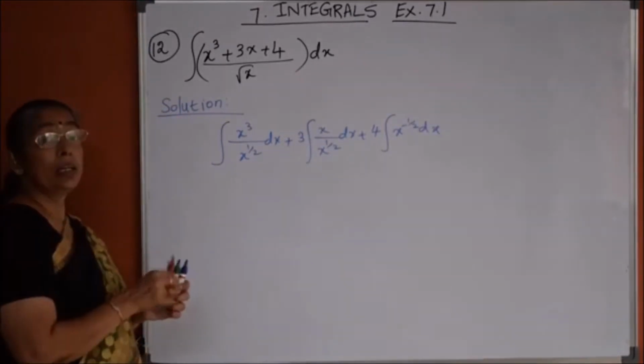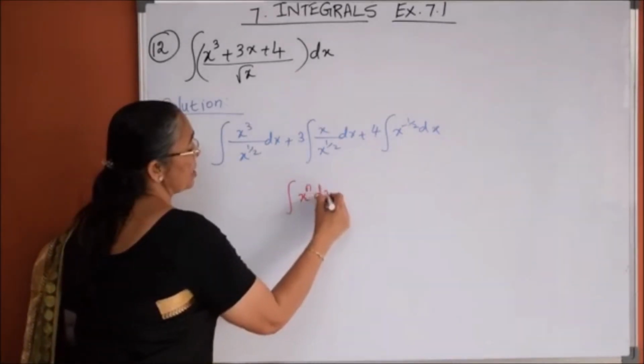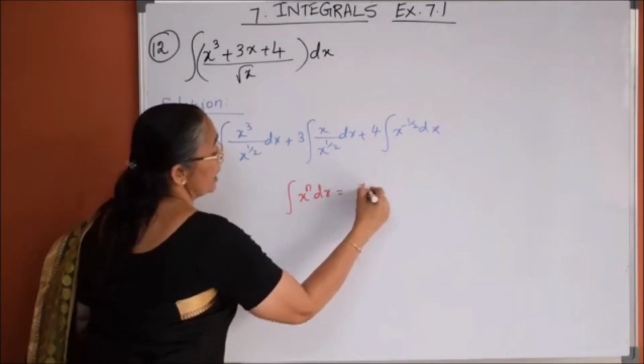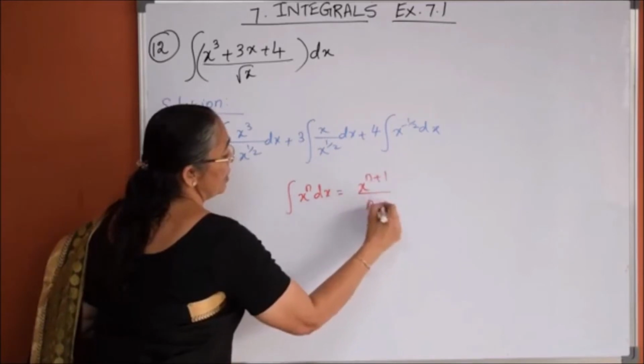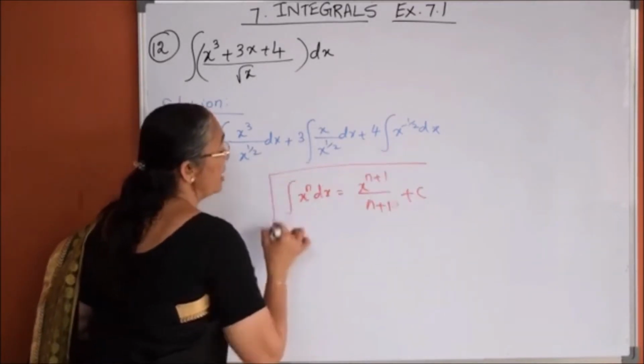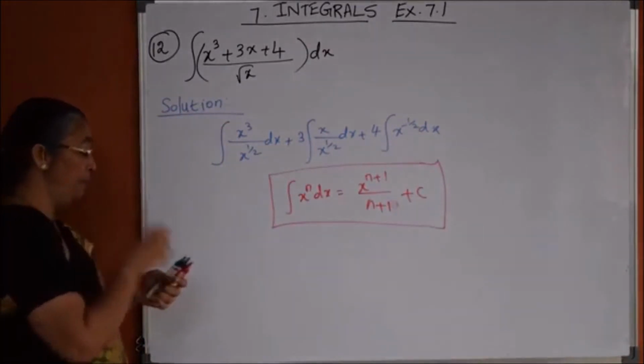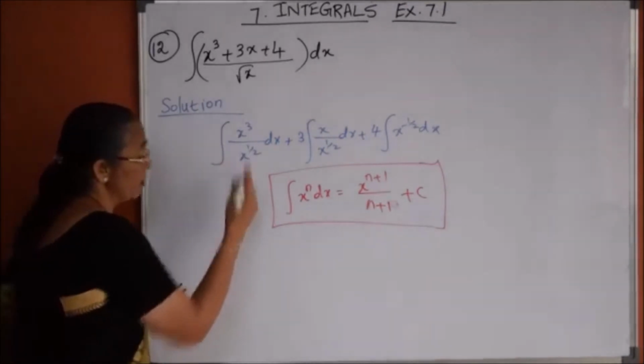So, by using the formula integration of x to the power of n dx as x raised to the power n plus 1 by n plus 1 plus c, we can integrate each term. Before integrating, let me simplify this one.